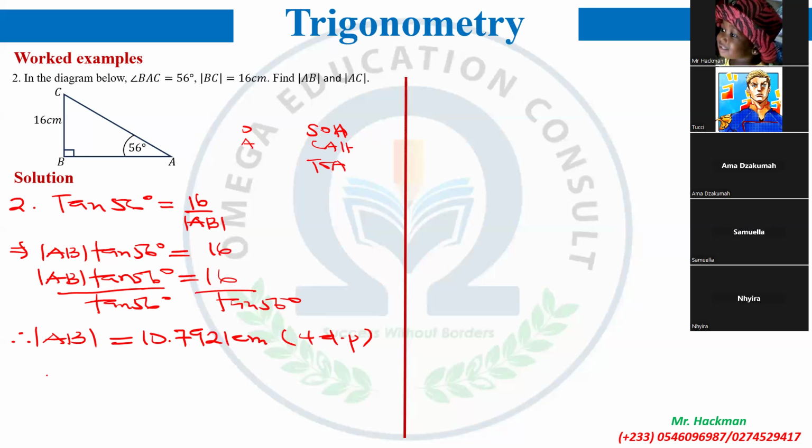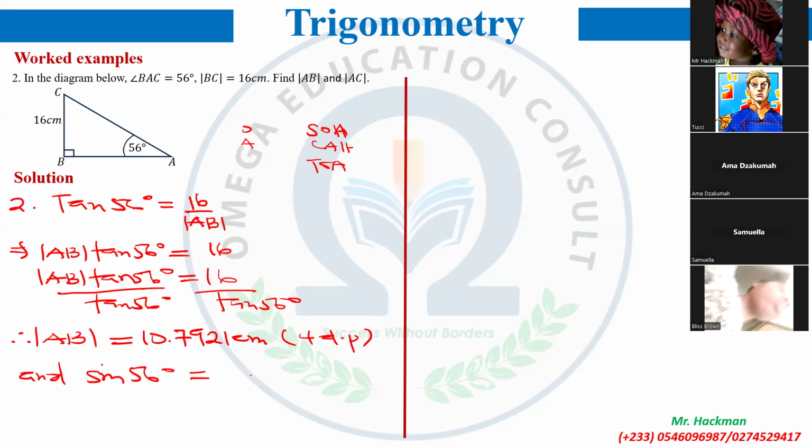Sir, so we'll use sine. You use sine. Okay, why? Because we have the opposite and we are looking for the hypotenuse. Very good. Okay, so sine 56 degrees is equal to the magnitude of AC on 16.